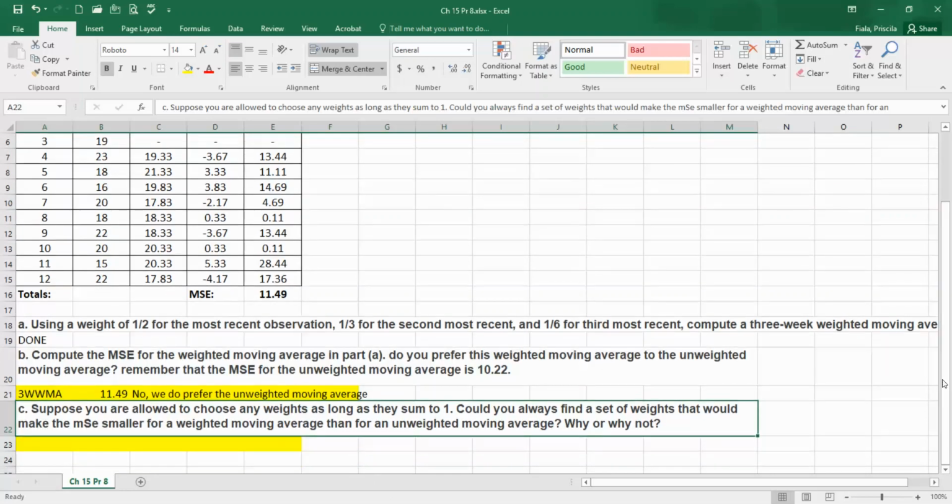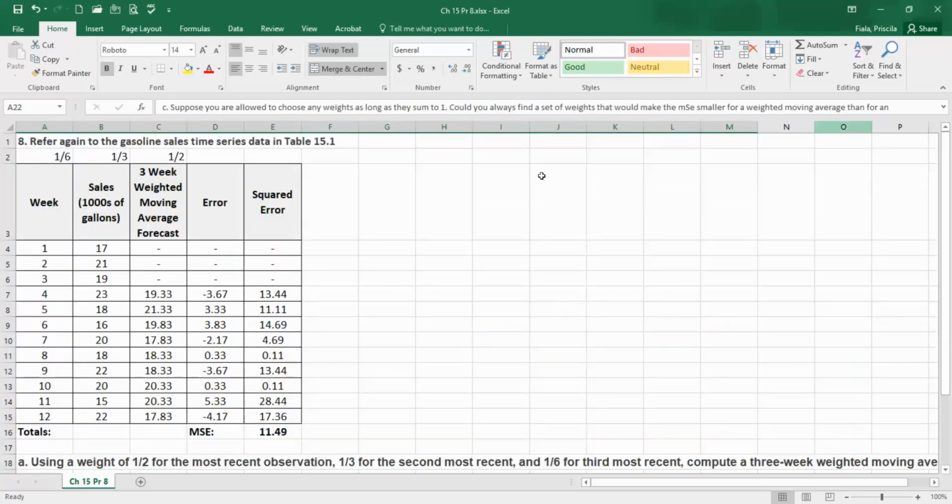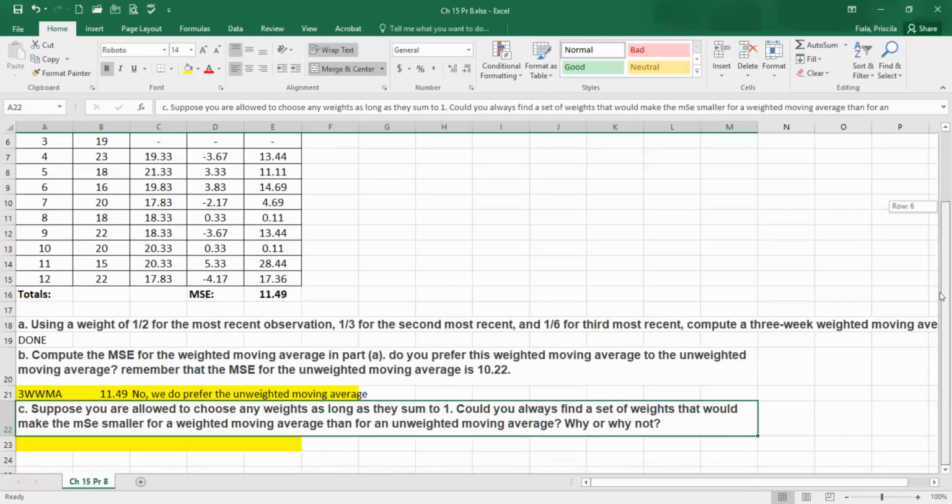Yes. The only difference here, if you think about it, is that for the unweighted moving average, the values are all equal, all adding up to 100%, correct? For the weighted moving average, they're just using a portion of it. So if you modify these values, yes, definitely you could.